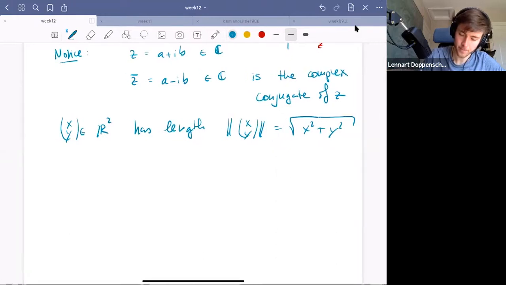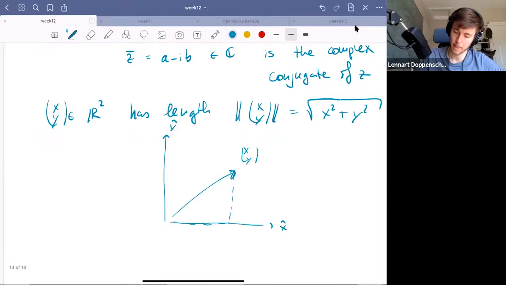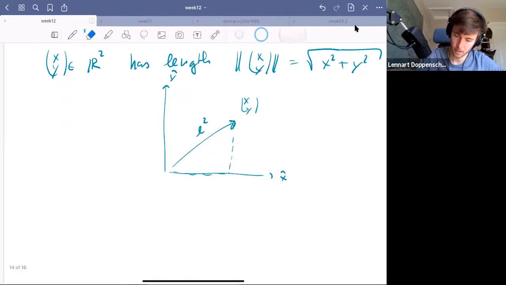This is really due to the following: if this is the vector xy, and this is the x-axis and this is the y-axis, then it is clear that this length L satisfies L squared equals x squared plus y squared.